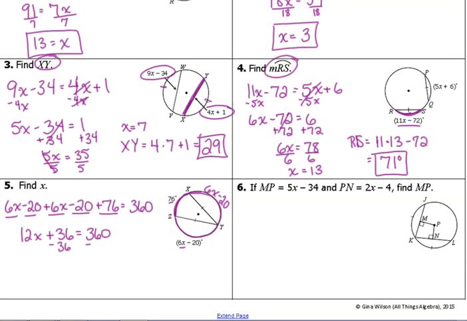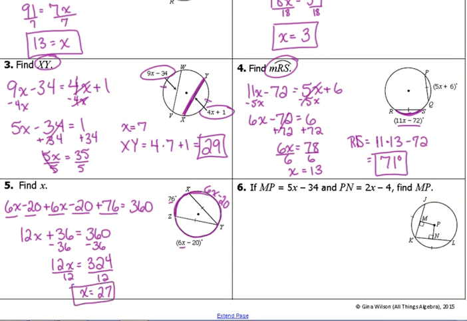And now we can subtract the 36, so we get 12x is equal to 324, and divide by 12, so x is equal to 27. And that is what they were asking us for.